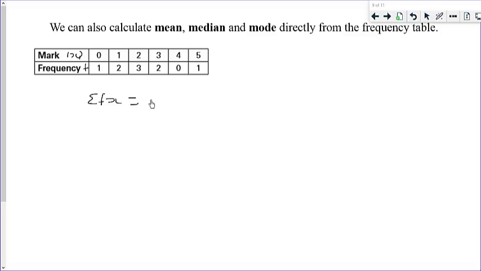So 0 times 1 will give us 0, plus 1 times 2 will give us 2, then 2 times 3 will give us 6, this will also give us 6, then this will give us 0, then this will give us 5. Now this will be equal to 19.